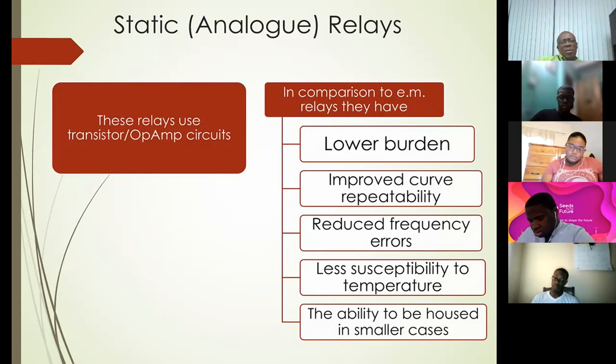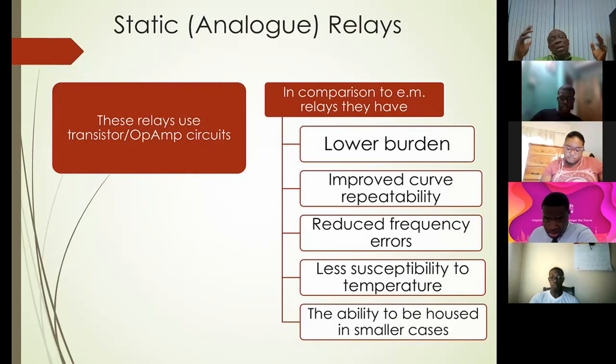Now, when we compare the static relays, the analog relays, to your electromechanical, we see that the static relays have some benefits. Low burden, improved curve repeatability, obviously, because with your electromechanical, although you would have derived the particular characteristic empirically, it would have been under certain operating conditions, including temperature, pressure.